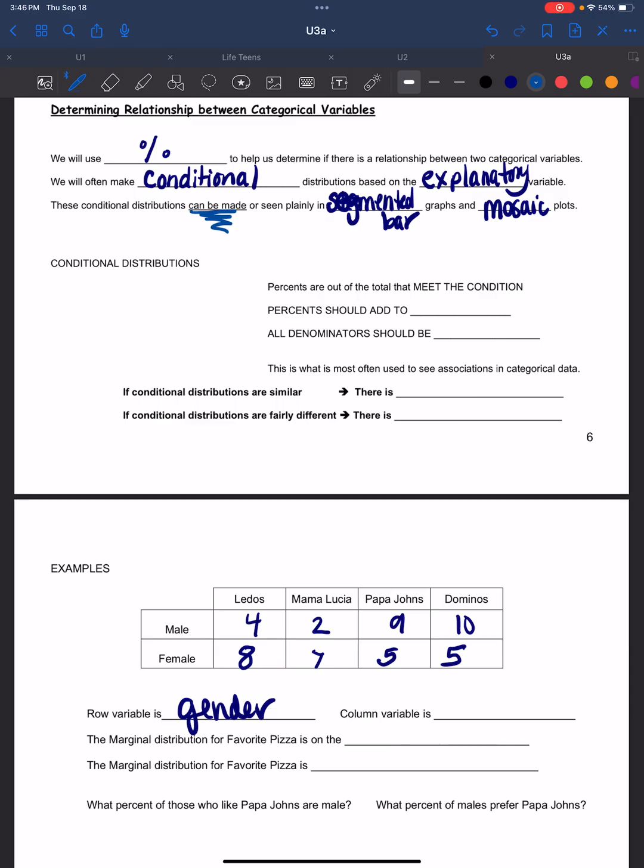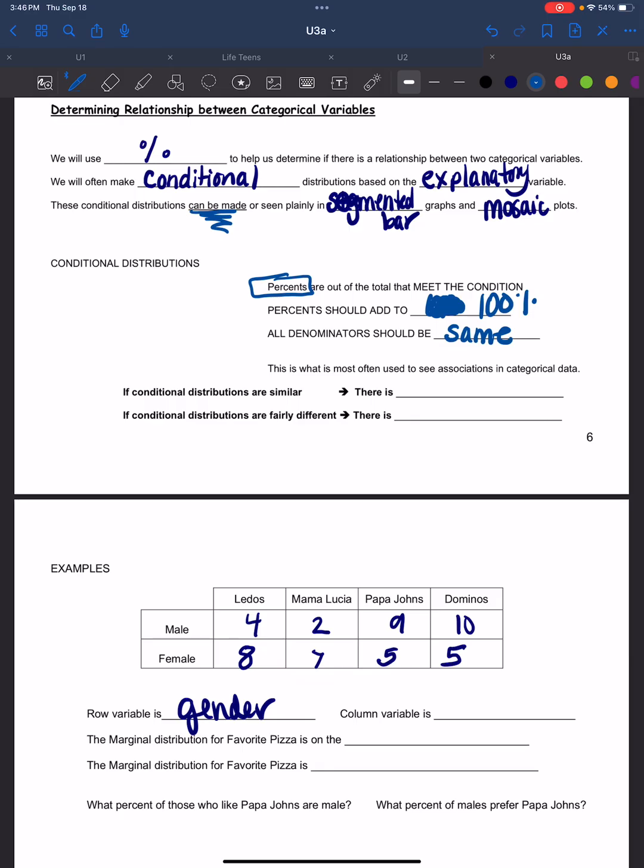So what is a conditional distribution? Well, they are going to be broken down into percents that meet some sort of required condition. One of the things is that all the percents should add to 100%, and all the denominators should be the same. And you'll see what I'm talking about in a second.